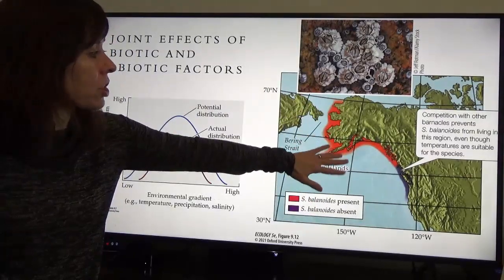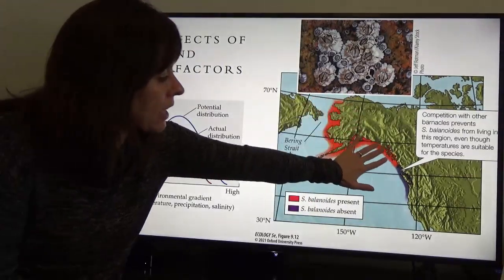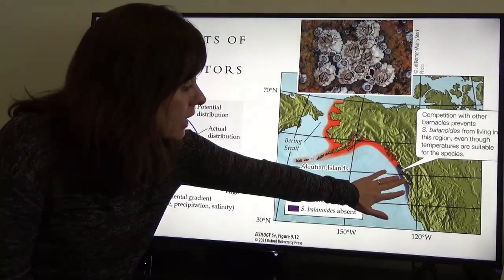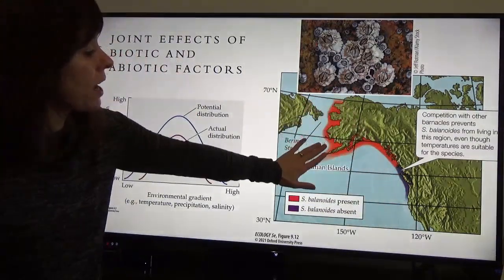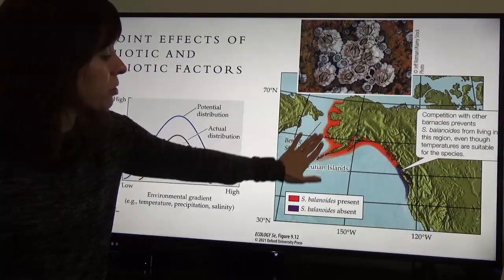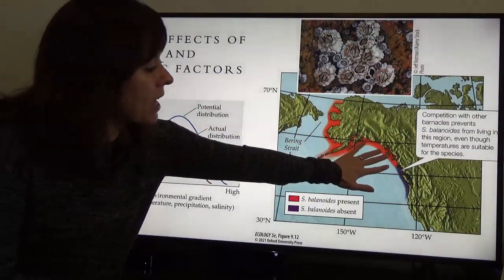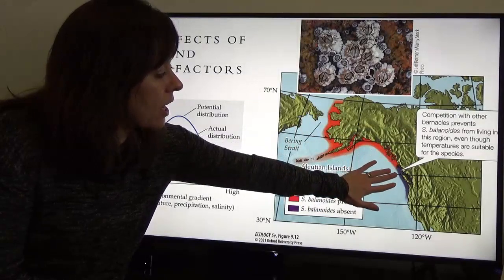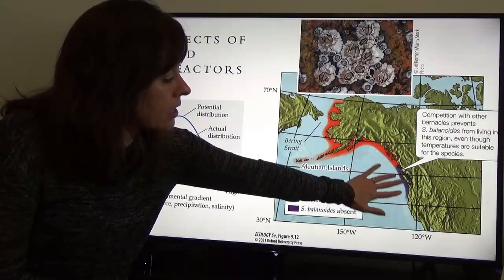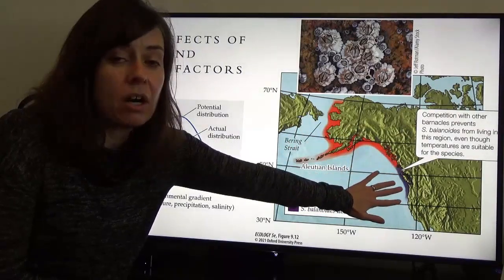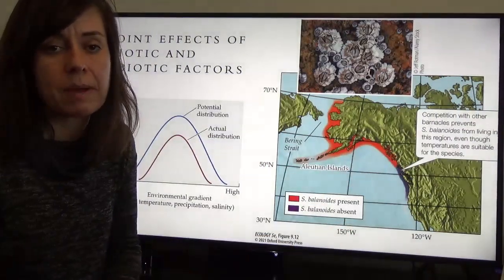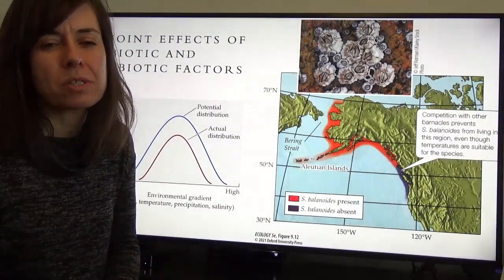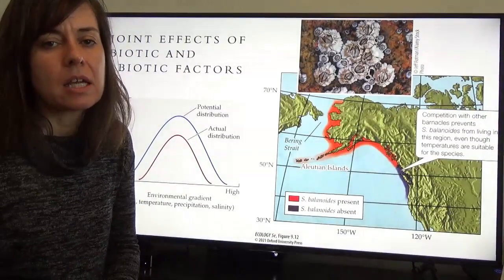So here we have the Aleutian Islands, Alaska, we're heading down there's Vancouver Island, heading down into British Columbia here on the west coast. So we have these colder ocean waters here through the Bering Strait, and down here, the temperatures in the waters down here are fine from a physiological perspective for S. balanoides, but we actually don't see it present in those areas.